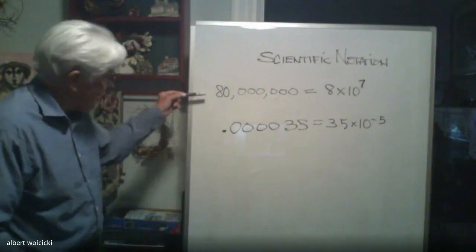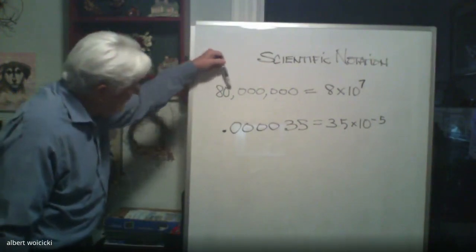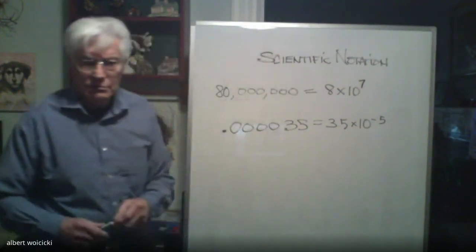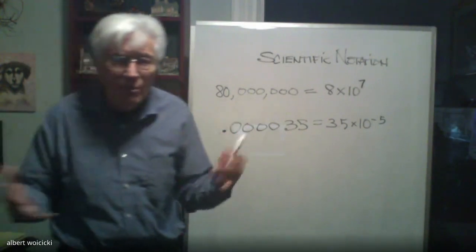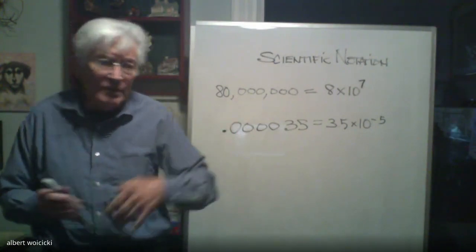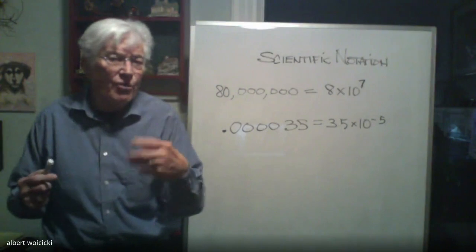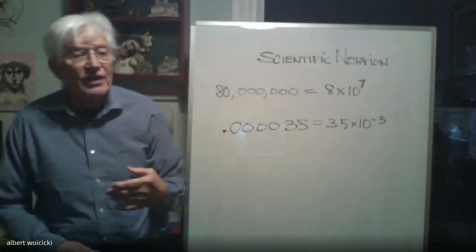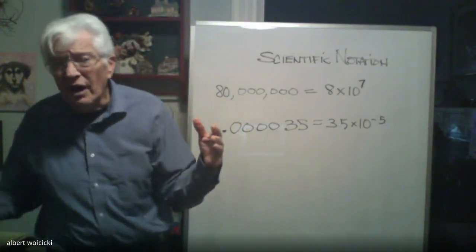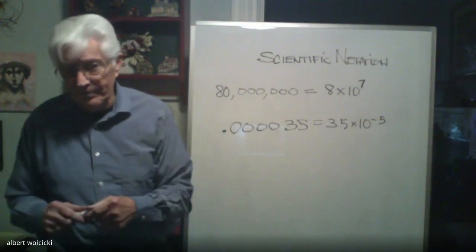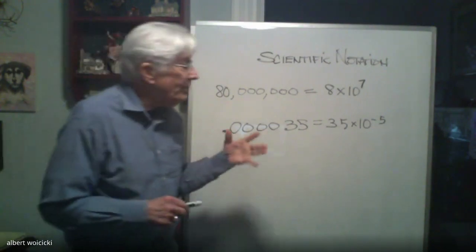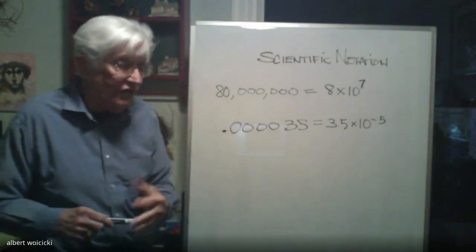The first one says 80 million. That's a big number, but mathematicians want to write it in a way that's easy to understand and work with. So we're going to use scientific notation.